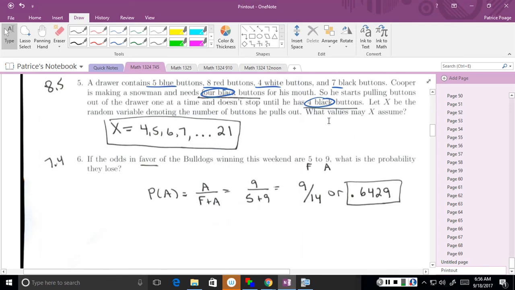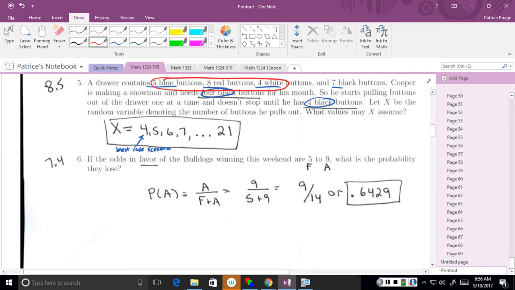So he's not going to stop until he gets 4. So at the very least, he's going to have to pull out 4. That's the best case scenario. That means he pulled out 4 black ones straight at the beginning. So maybe it took him 5 times before he got 4 black, maybe 6 draws, maybe 7 draws. So we need to think of the worst case scenario. The worst case scenario is he pulls out all of the blue, red, and white ones and doesn't get a single black one yet.